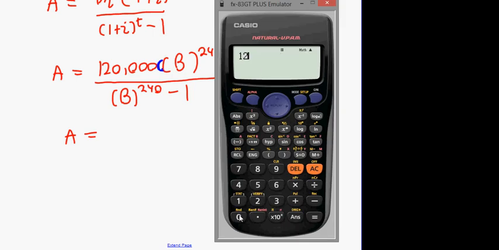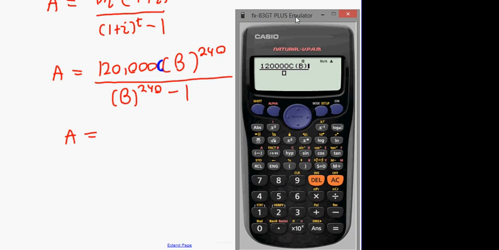So 120,000, obviously as a fraction. Then we're going to do our C value. Then we're going to do B to the power of 240, all over B to the 240, minus 1.